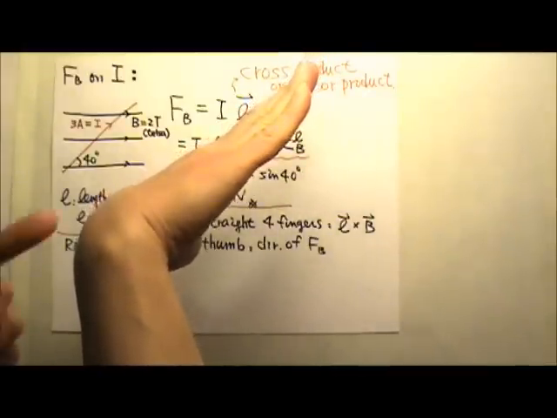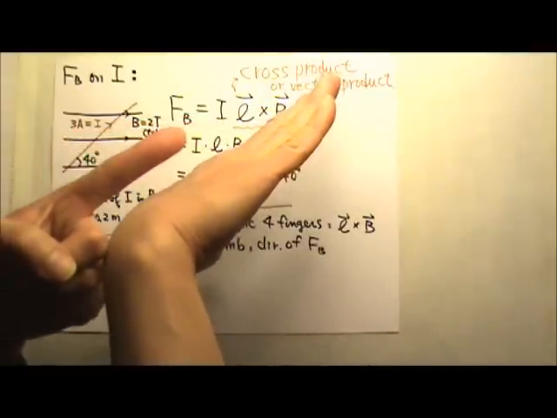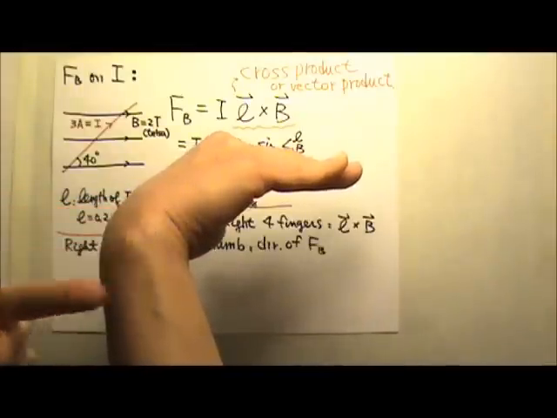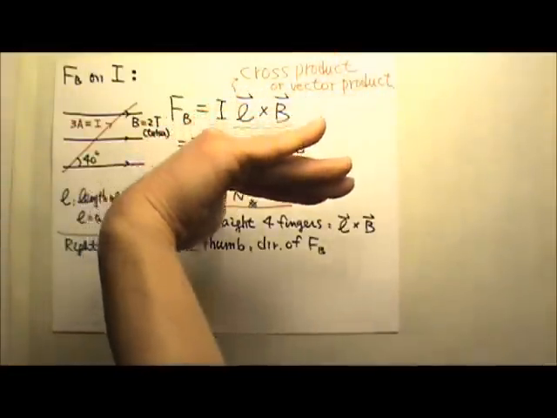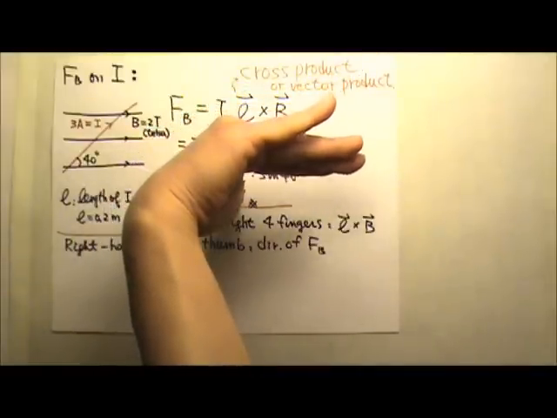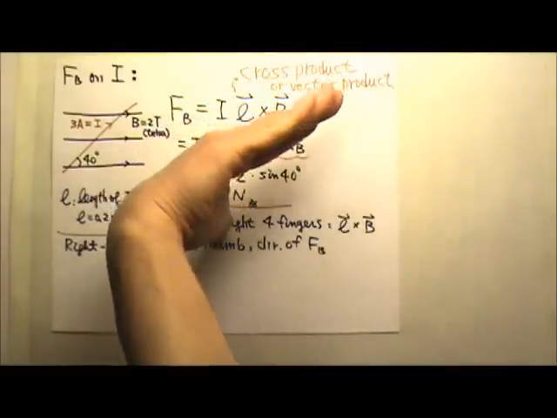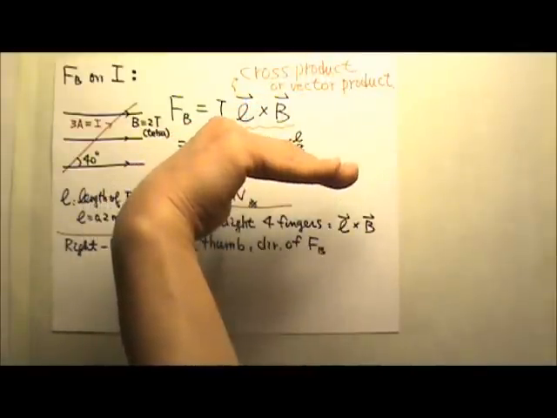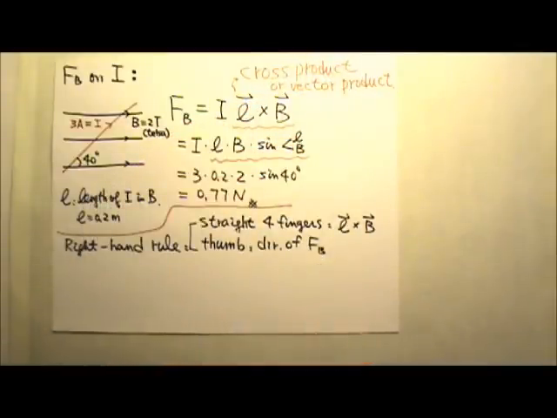My forefingers start in the direction of L and then bend and get to the direction of B. And all this time, my thumb is going into the paper. So my thumb goes into the paper, and that's the direction of my magnetic force.